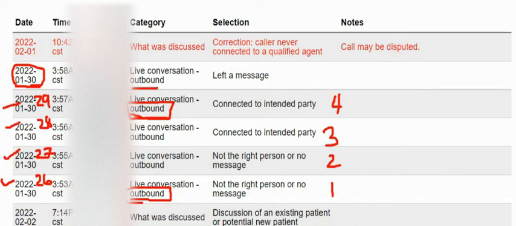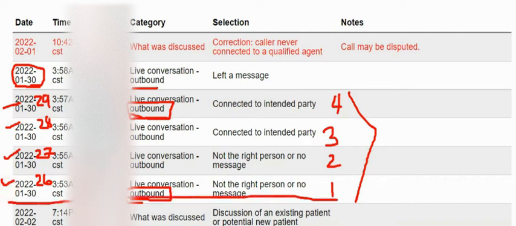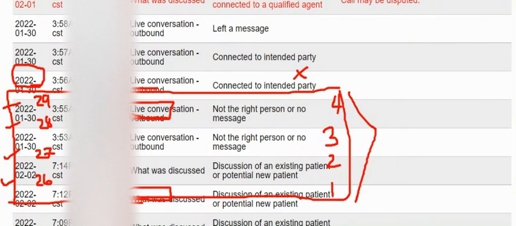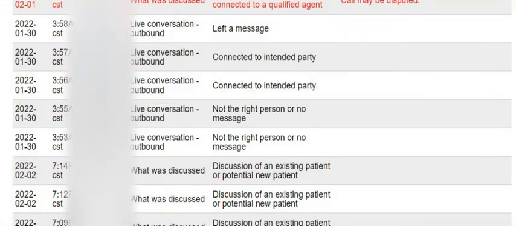Do not work this category, because it's already four mistakes and four consecutive days. If you get it wrong here on the fifth, they're going to remove you from this category. So the best thing to do is move to another category like this. Work with another category.